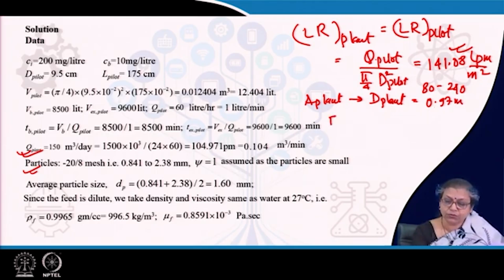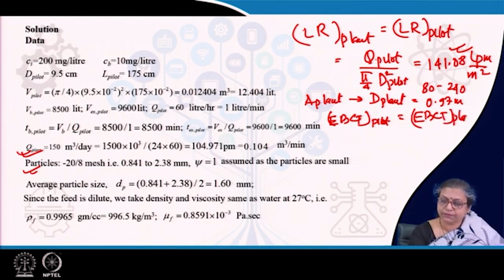After that, what do we do? We go to find the EBCT pilot, and we take it as same as the EBCT plant. What is the EBCT pilot? It is V by Q for the pilot plant, and this we obtain as 12.404 minutes.